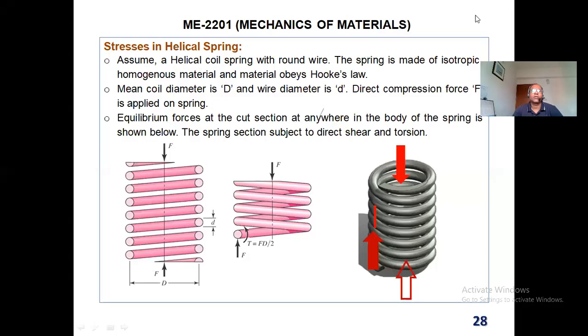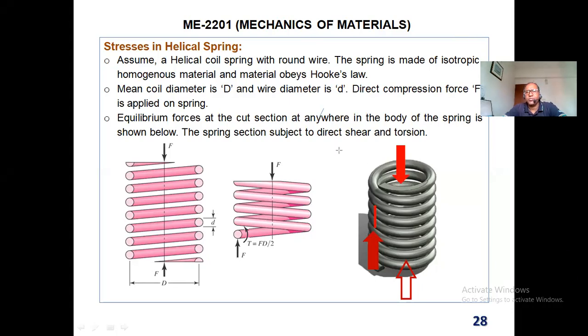So we can start from here. What you've seen in the slide, there is a helical spring. In the helical spring, load is applied through the center of the spring.